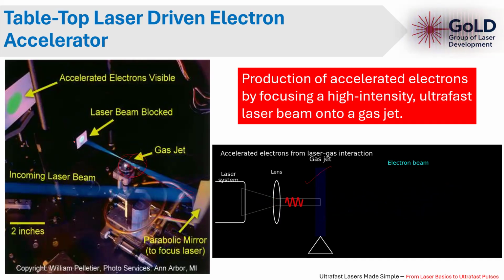You can see the accelerated electrons here. Many people are doing this kind of work these days in many labs. This is one of the hot topics: generating atomic particles by using lasers, especially ultrafast lasers.